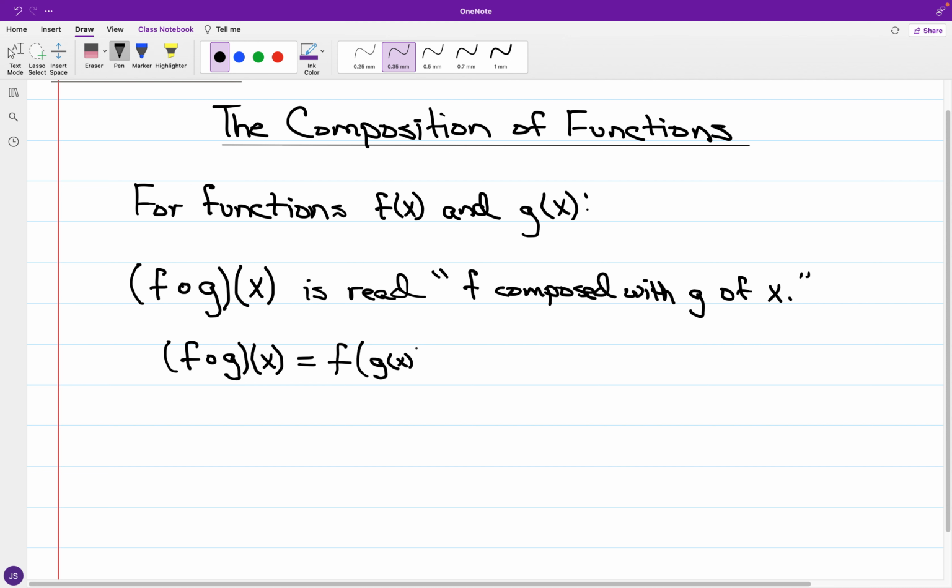And for what you have here, g of x is going to be the input function. And for what we have in the case of f, the follow through with f, that is going to be the output.